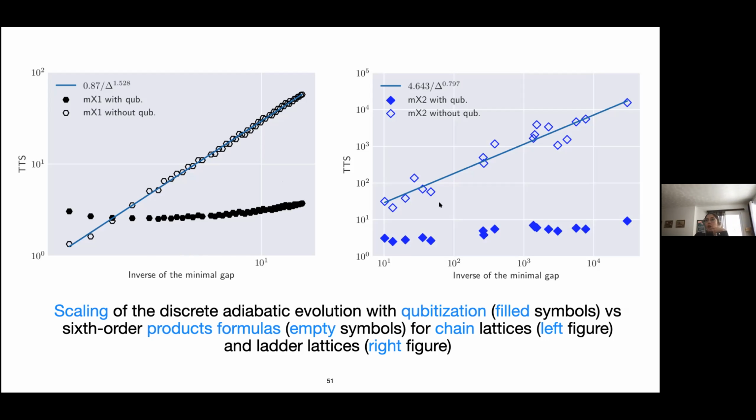But overall, we seem to have a pretty neat improvement in the scaling. But it's almost impossible to distinguish between the gain that came from the general method that we use, and the gain that is specific to the system that we use, to the fact that we are simulating the Hubbard model only.